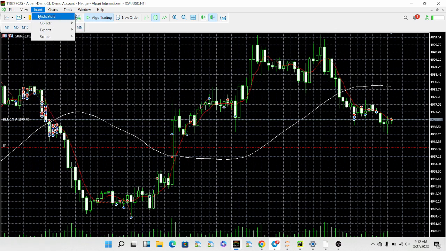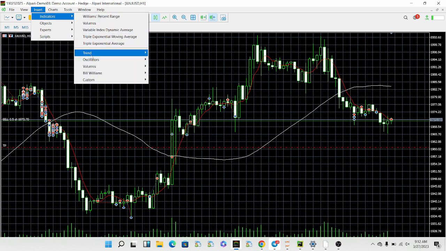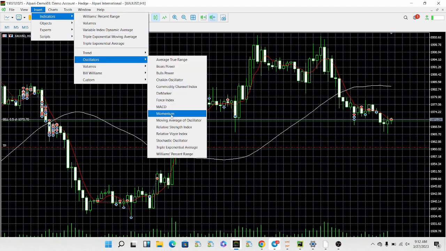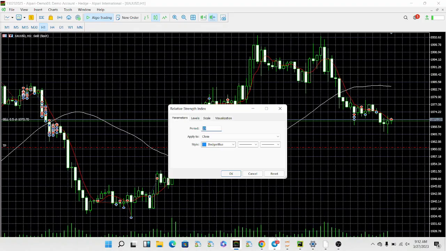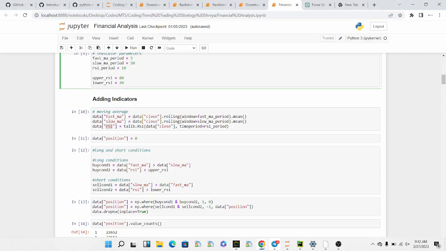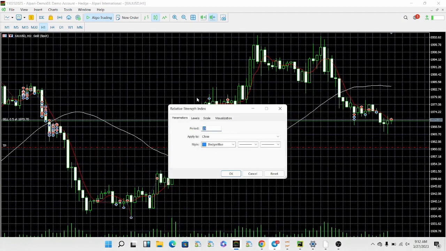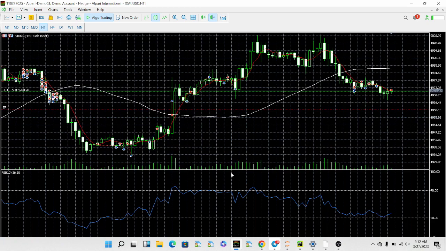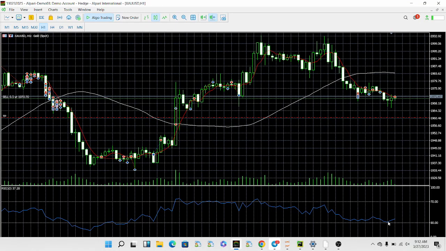I'm going to insert indicators, oscillators, relative strength index. Let me see what value we used. So 10. I'm going to set that to 10. Okay, so we have our RSI here.